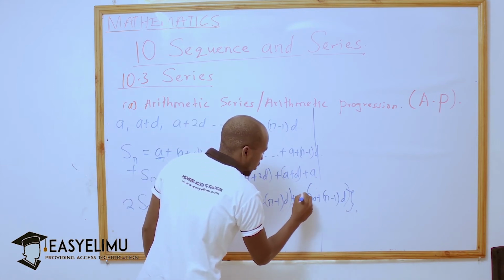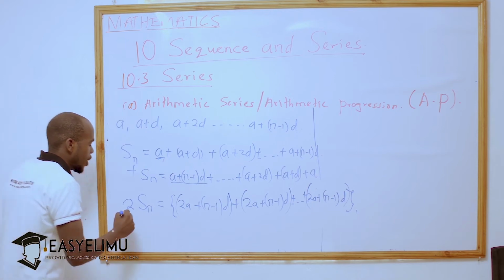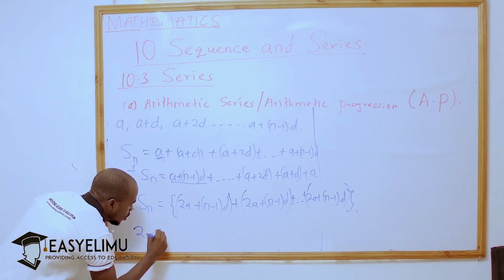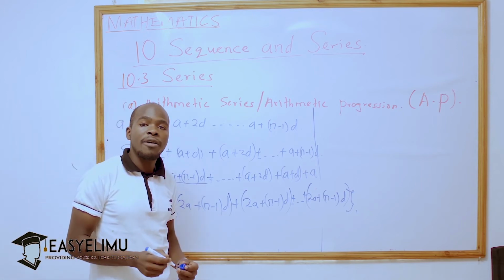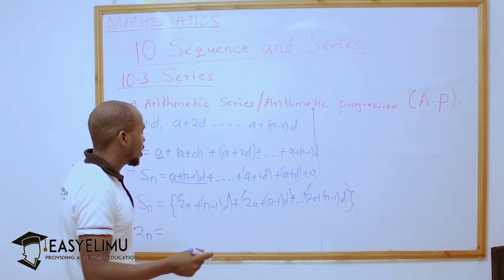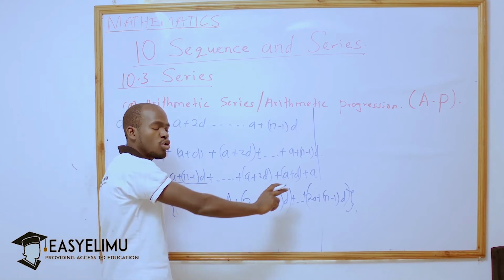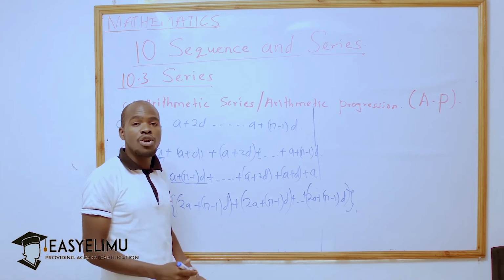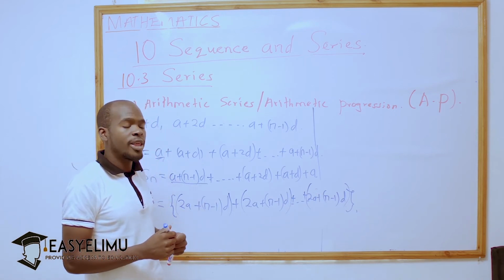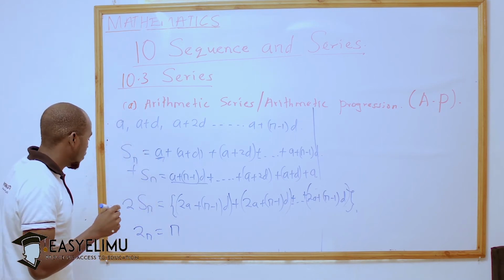So we are going to have 2Sn is equal to, by factorizing, 2a plus n minus 1 d is common throughout. If we factor that out, we are going to have n times of them, and it will be n because we are seeking the nth term.